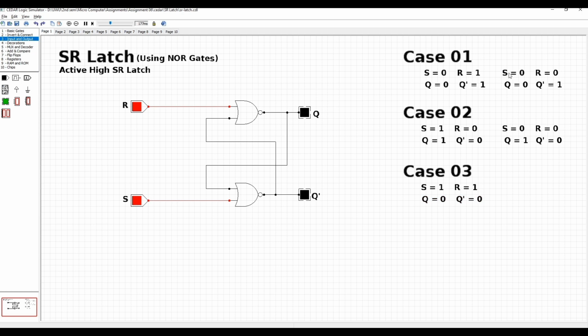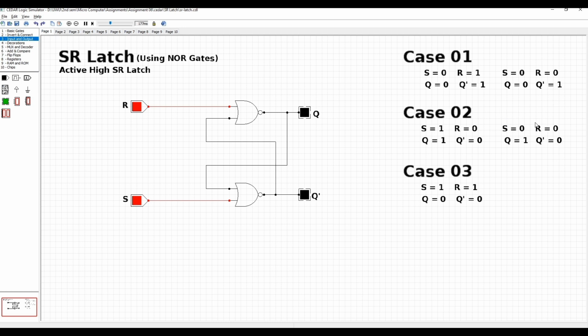And for the other case, when S and R both are equal to 0: in case 1, when S and R both are 0, the output is Q equal to 0 and Q bar equal to 1. And in case 2, when both inputs are 0, Q is equal to 1 and Q bar equals 0.